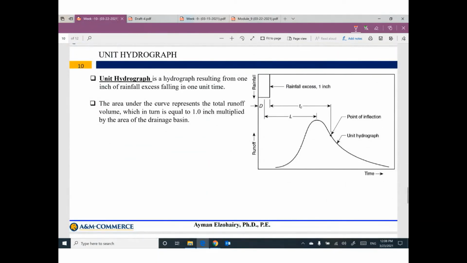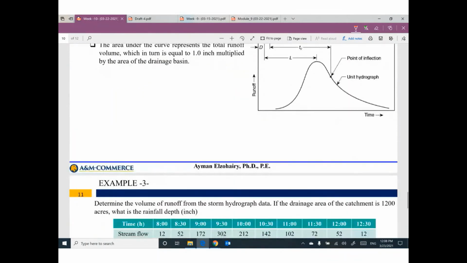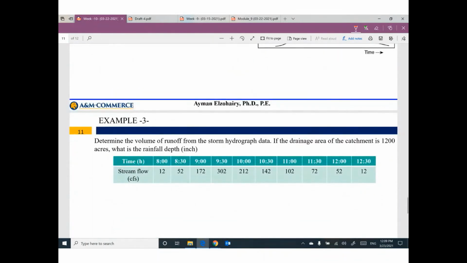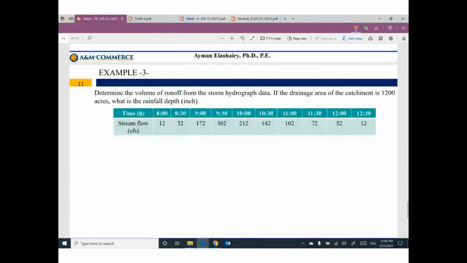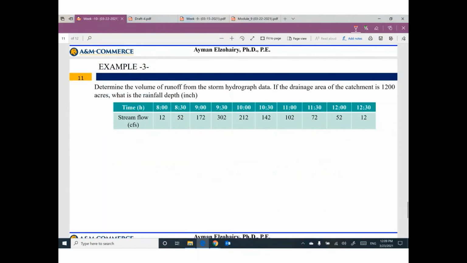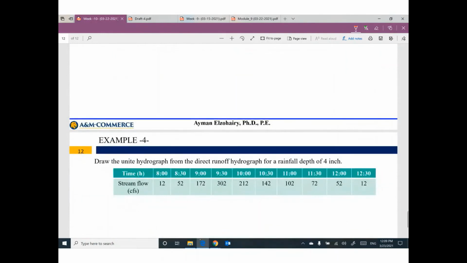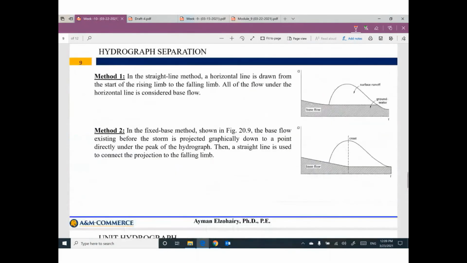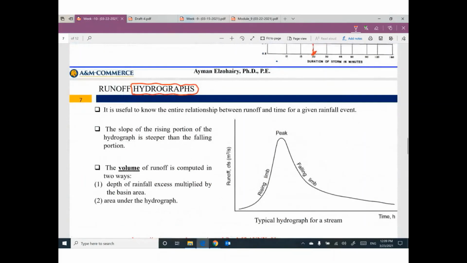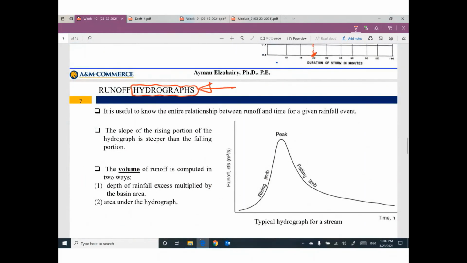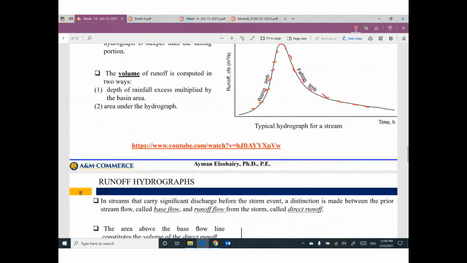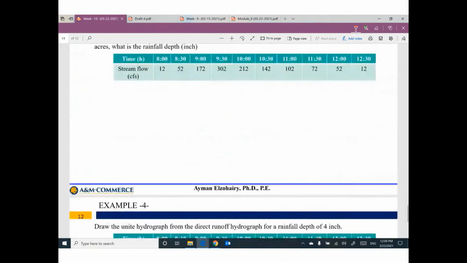Based on the data of the hydrograph, we can do some calculation to figure out the volume of water collected, or the depth of rainfall, or the area of land. We will cover all of this information next meeting. So next meeting, I will start with the meaning of hydrograph, the meaning of this curve or data on the curve, and we will go through two examples because one of them will be in your next exam.